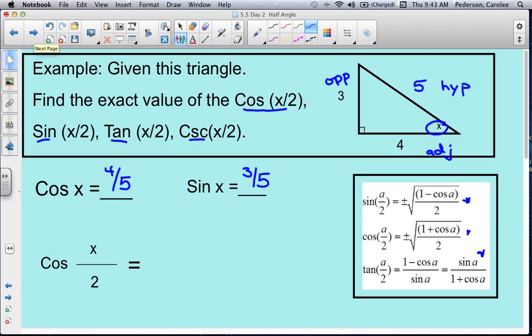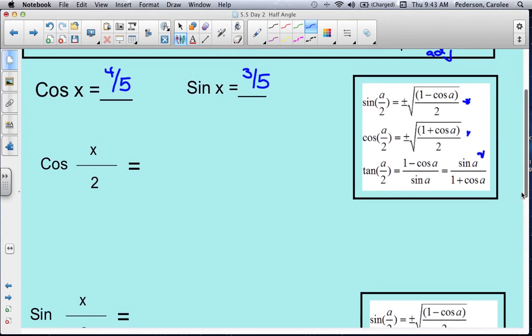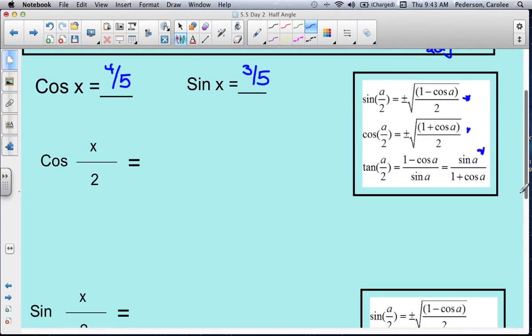Now we're going to go ahead and evaluate the exact value for half of that angle for x. So the cosine of x over 2 is the first one we'll solve for. So on my formula sheet here in the box, which one of these 3 am I going to choose? The second one, correct.